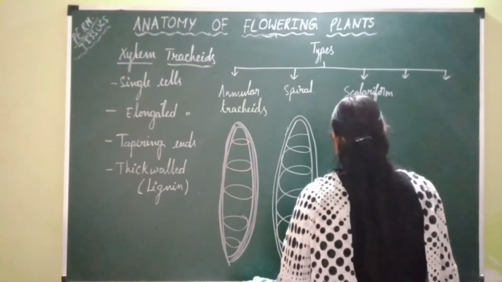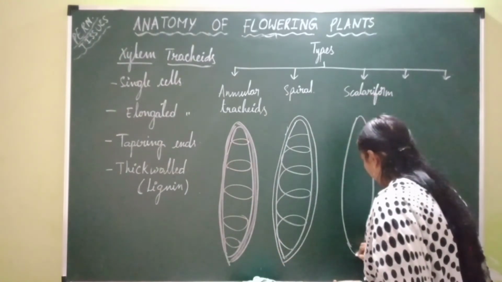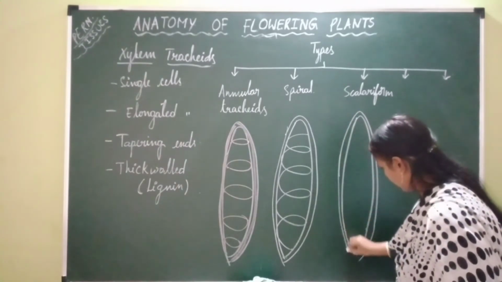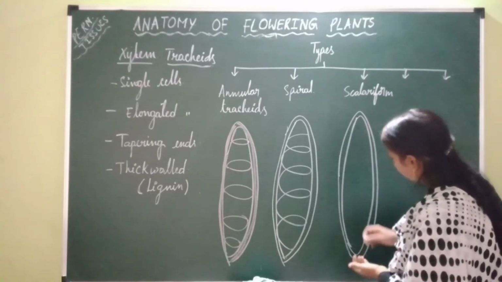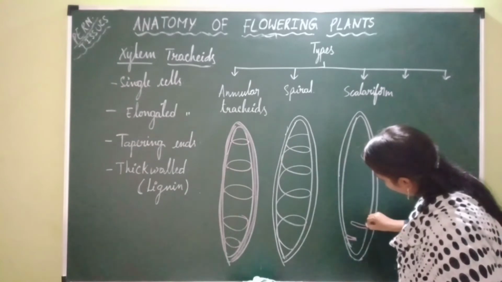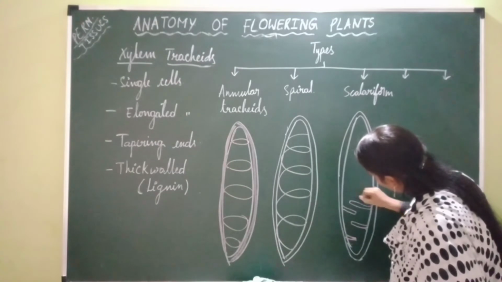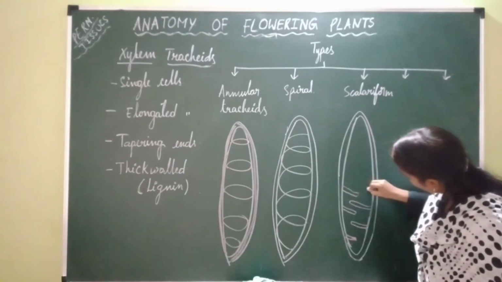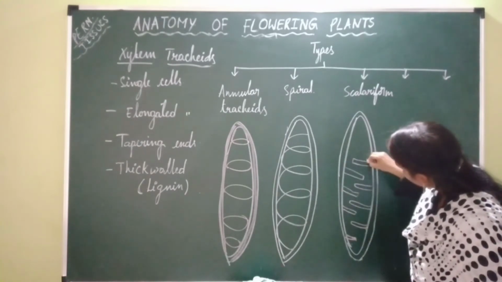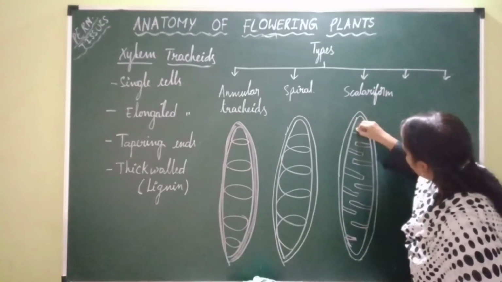So this is again a tracheid. These thickenings are in the form of a ladder. They are giving the appearance of a ladder. Hence, this is called scalariform type of tracheids or scalariform thickenings.